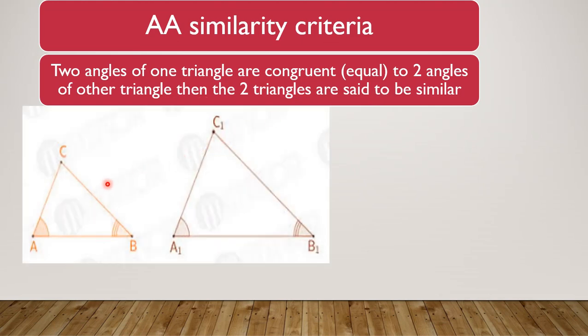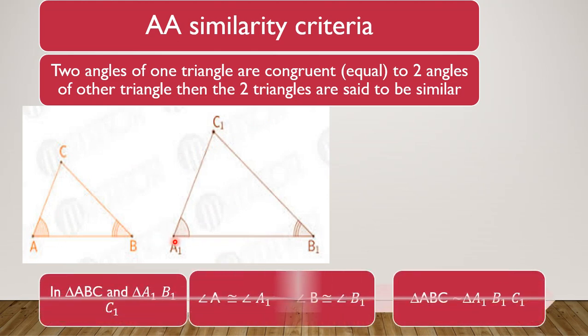As in this figure we observe, angle A is congruent to angle A1 of the second triangle, and angle B of the first triangle is congruent to angle B1 of the second triangle. So angle A is equal to angle A1 and angle B is equal to angle B1. So we can write these two triangles ABC and A1B1C1 are similar triangles.